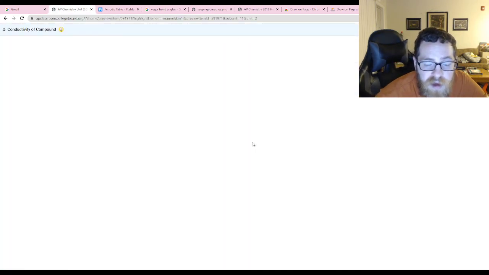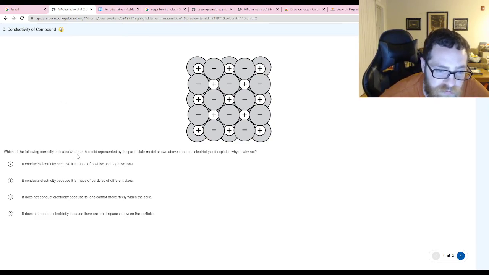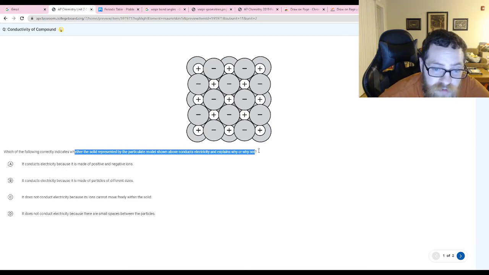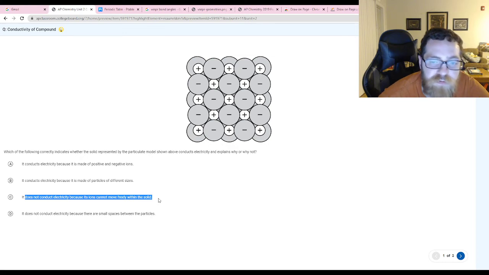So again, conductivity of a compound. We just talked about this one. Which of the following correctly indicates whether the solid represented by the particulate model shown above conducts electricity and explains why or why not? So I just mentioned these ones do not conduct electricity because the ions cannot move freely.